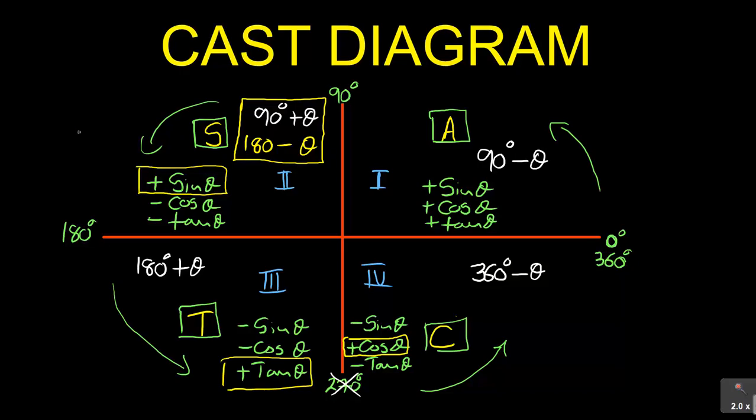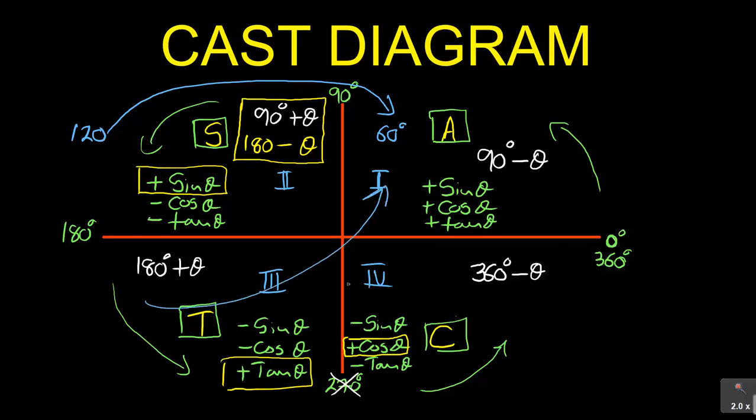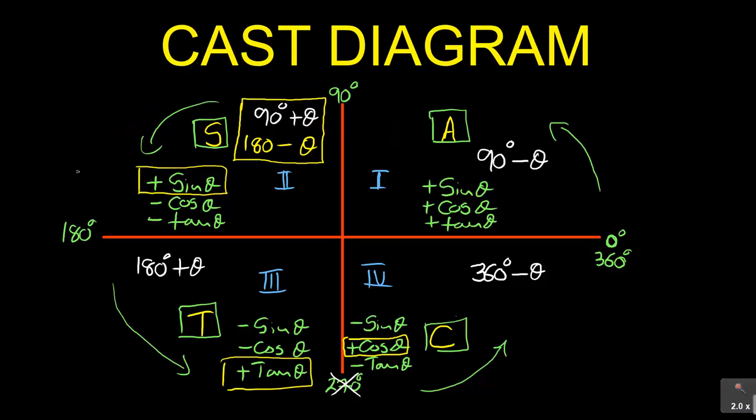We took cos 120 and we reduced it into the first quadrant, and the first quadrant, that's where we find 60. That is what the cast diagram is doing. It is going to reduce the second quadrant into first, the third quadrant into first, and the fourth quadrant into first quadrant. That is actually what we are doing whenever we're using the reduction rules. That's why it's called reduction, so that we reduce these.